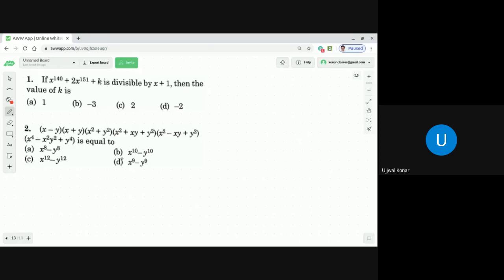Apparently, it looks like a very big term. So how to proceed with this one is that if we take this entire term, let me write it down.